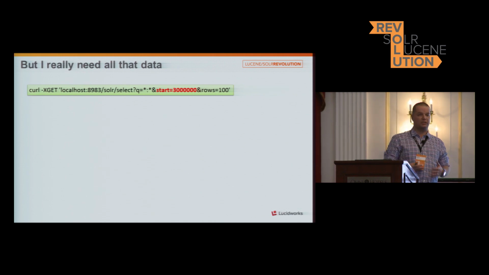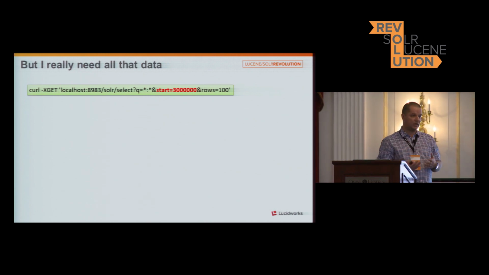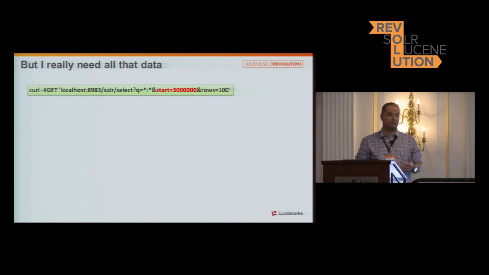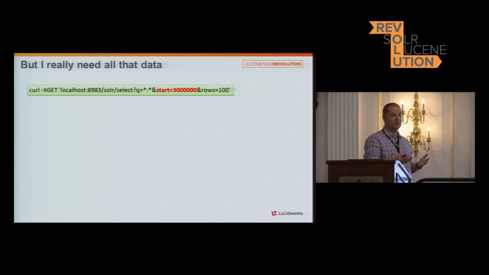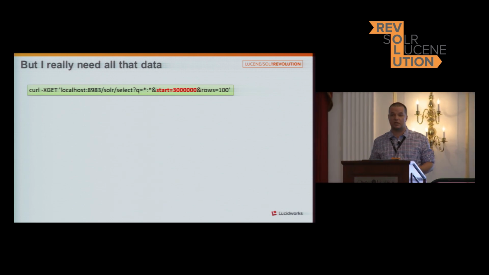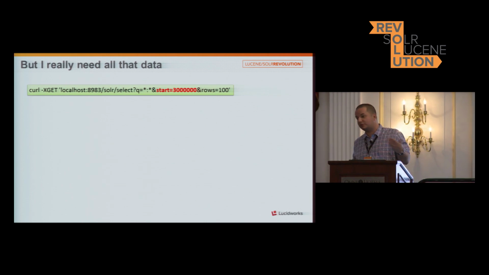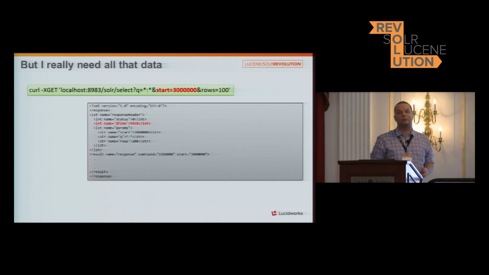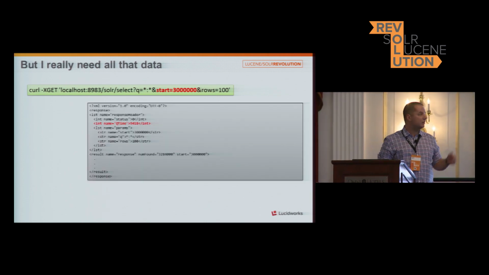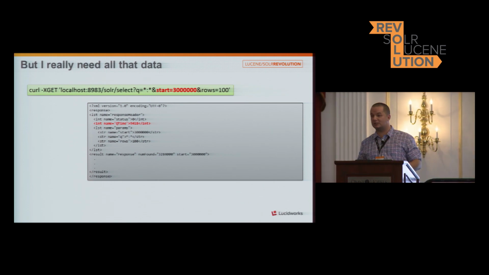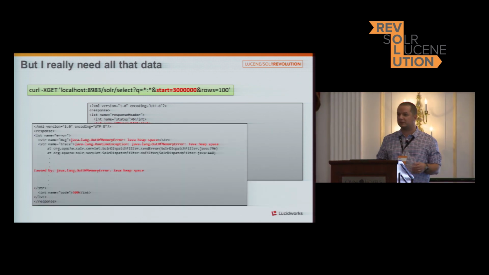So they actually needed to export the data from Solr once in a while. And the usual thing, you start with rows equals 100, start 0, and you iterate through the results. And as you go, you see one thing: a query time of 10 seconds, 12 seconds, and finally out of memory.